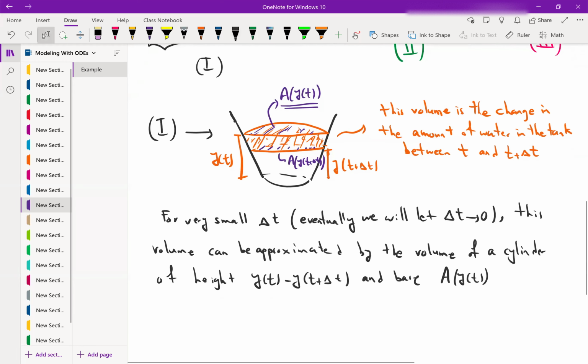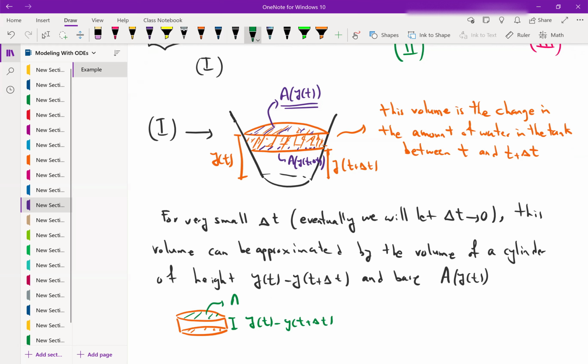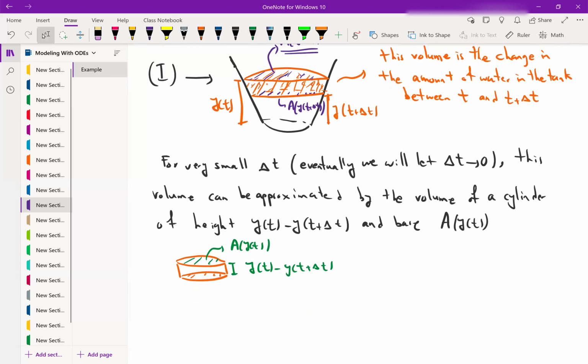So this is what I'm doing. I'm considering this cylinder. Here we go. The height is y of t minus y of t plus delta t, and the base is A of y of t. All right, excellent. So what is now the conclusion?